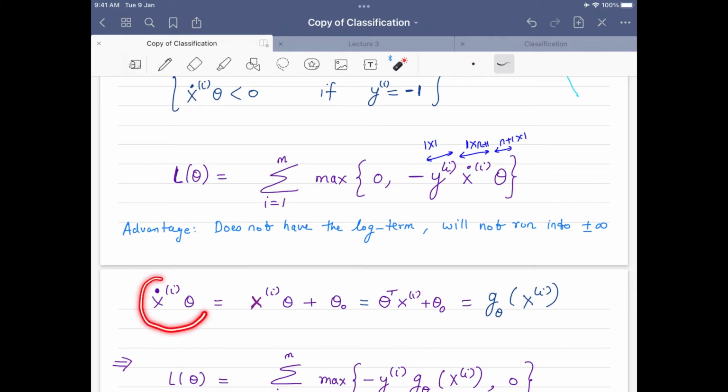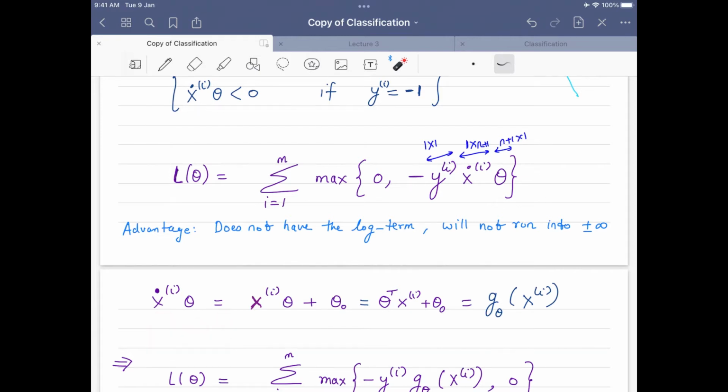This is x dot i theta. If you remember, x dot is nothing but a one appended in the columns of the matrix X, as in our linear regression definition, from where we started. Now I am separating the 1 from x.